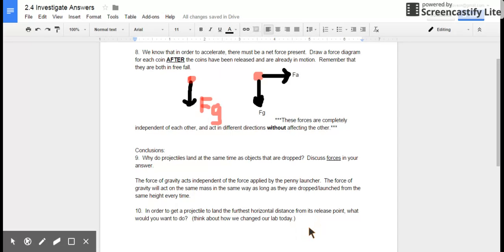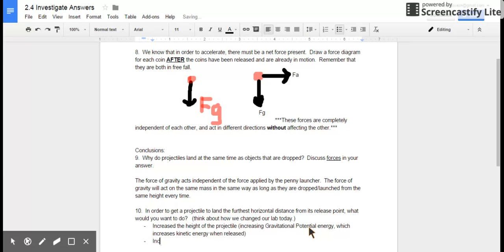Then, number 10 says, in order to get a projectile to land the furthest horizontal distance from its release point, what would you want to do? We changed our lab yesterday in two different ways. The first way was that we increased the height of the projectile. If we do that, we are increasing gravitational potential energy, which increases kinetic energy when released.